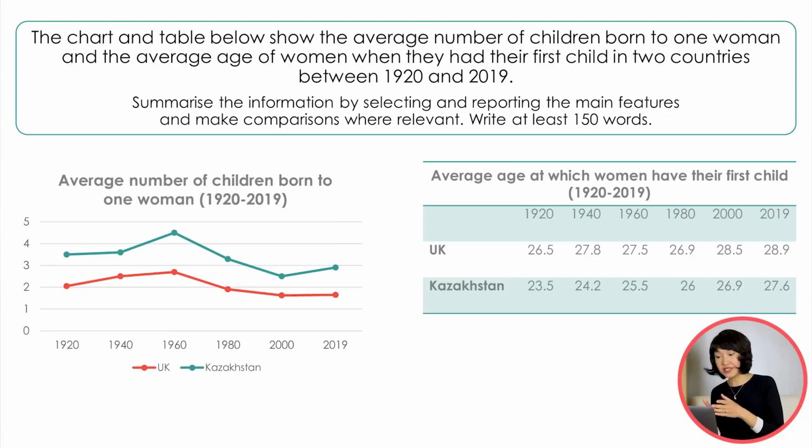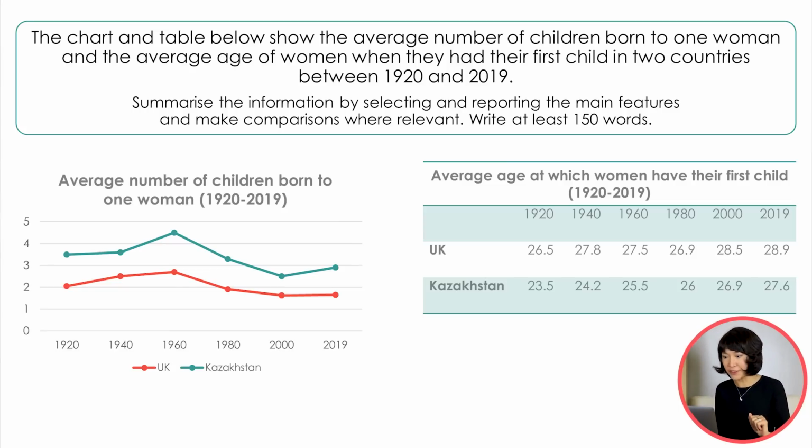Again, you may notice that the age of women when they had their first child at the end in 2019 is higher than in previous years. So women have their first child later. And also, if you compare the UK and Kazakhstan, in Kazakhstan, the age is smaller, so women had their first child at a younger age. So these are the most important things.